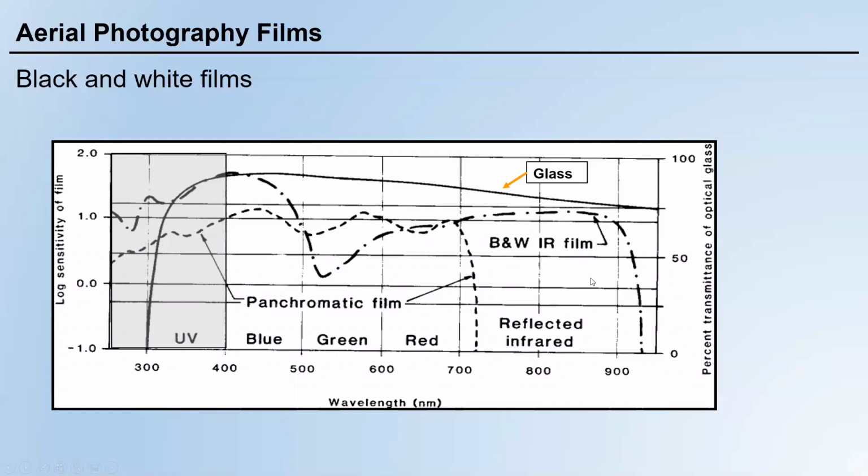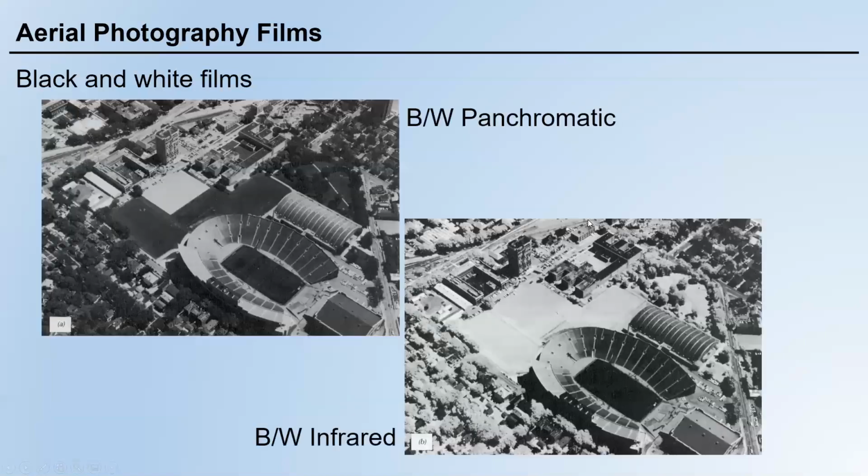But like I said, it's okay, as long as B and W IR film has pretty good sensitivity between 700 and 900. It's good enough because 700 to 900 is the range for near infrared. Okay, so that's black and white films.